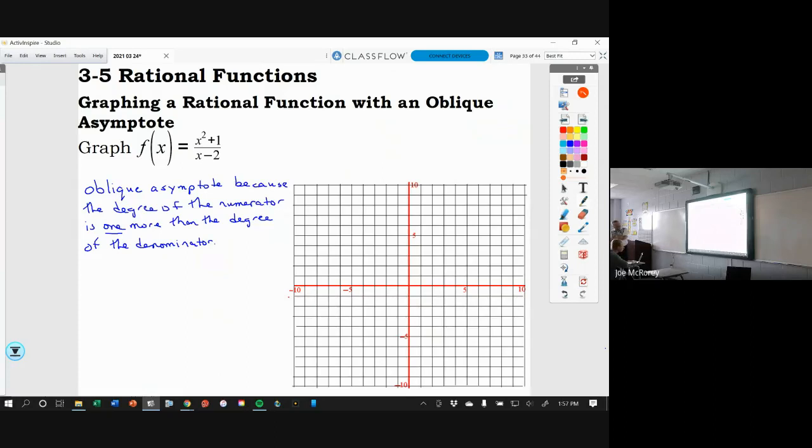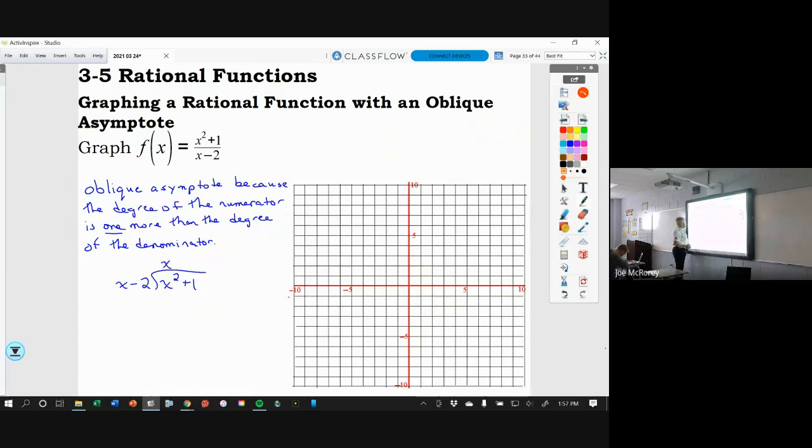Okay, so to find that oblique asymptote, we have to do long division. So this fraction is the same thing as x squared plus 1 divided by x minus 2, and we're going to throw away the remainder if there is one. And there's going to be one. X times what is x squared?